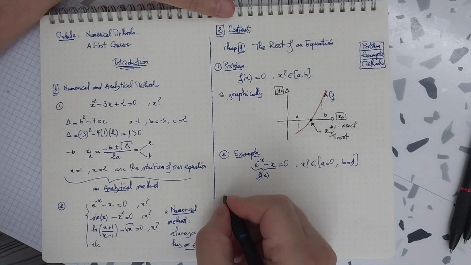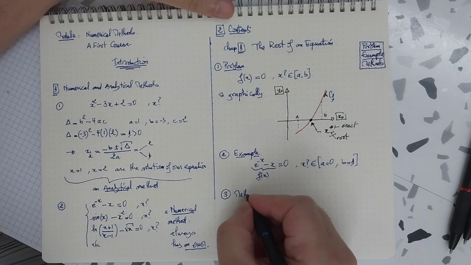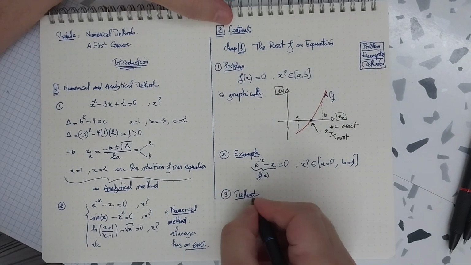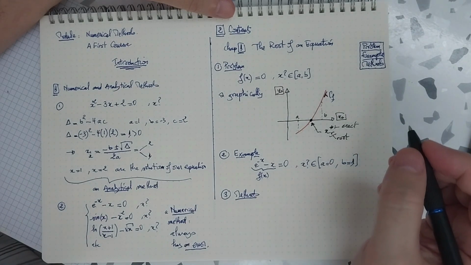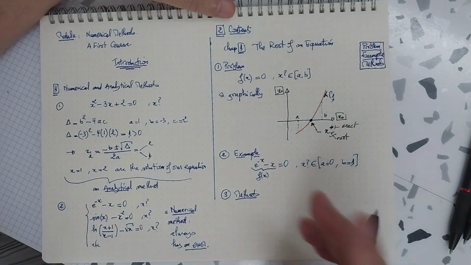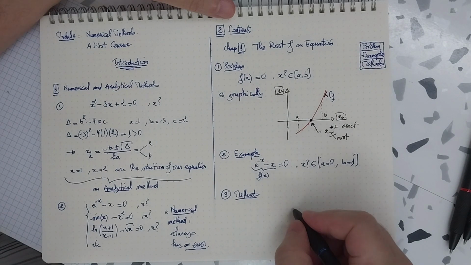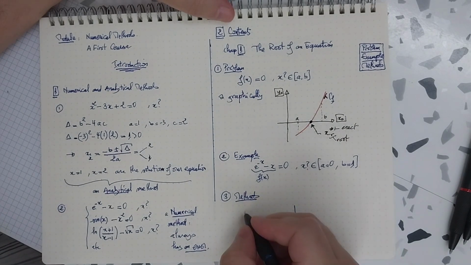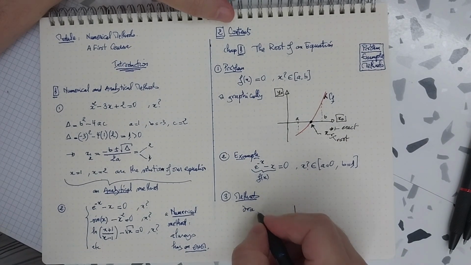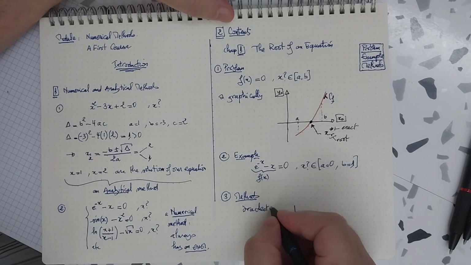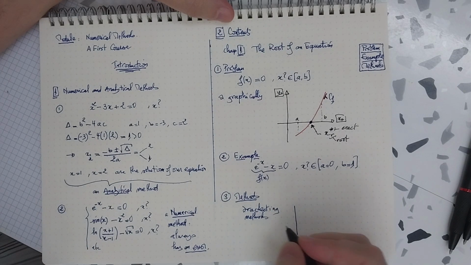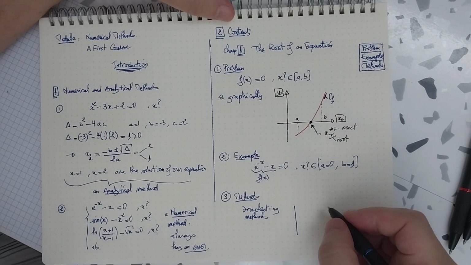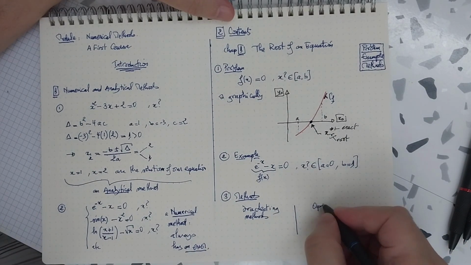And the third point is the methods. There are maybe 6 or 7 methods in 2 categories. They are divided into 2 categories: bracketing methods and open methods.